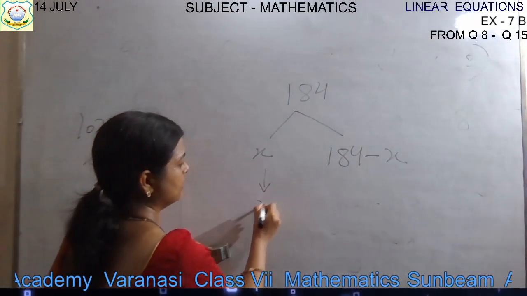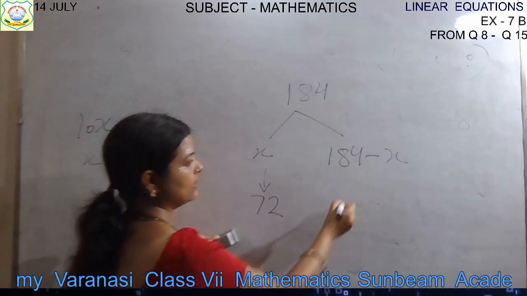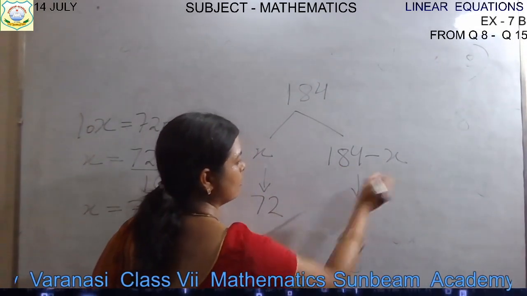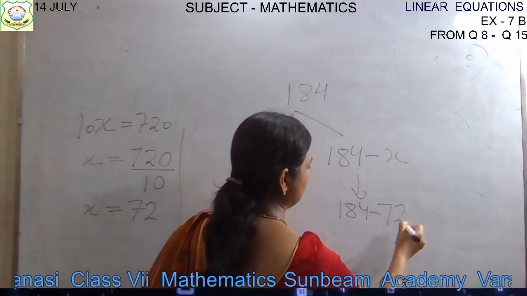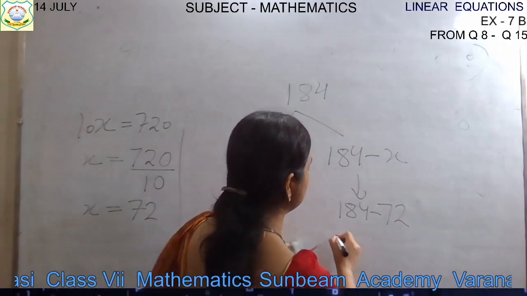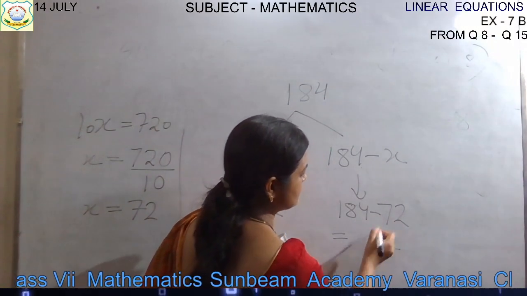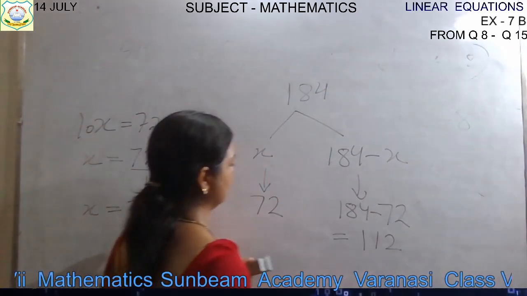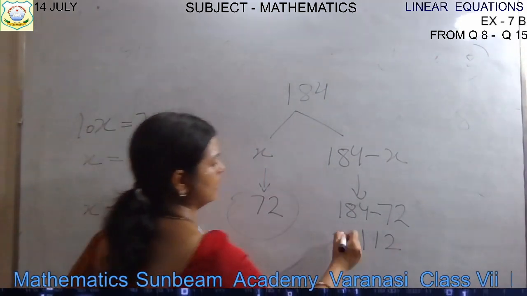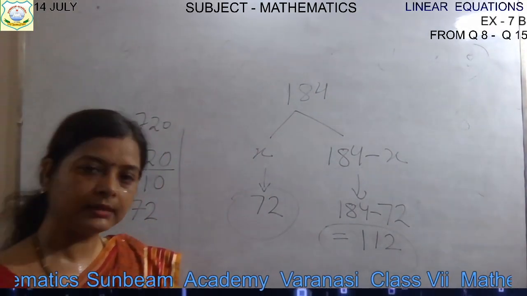So one number is how much? One number is 72. And another number will be how much? 184 minus 72. Now if you will find its answer, you will get 4 minus 2 is 2, 8 minus 7 is 1 and 1. So one number is 72 and another number is 112. These are the two numbers.